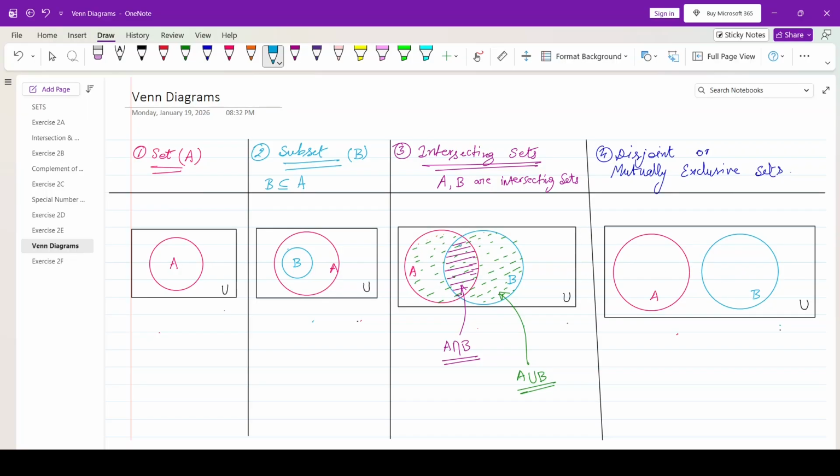In case of intersection, we get this middle part which is shared by both. This is A intersection B. And we get one whole part. This is called A union B.